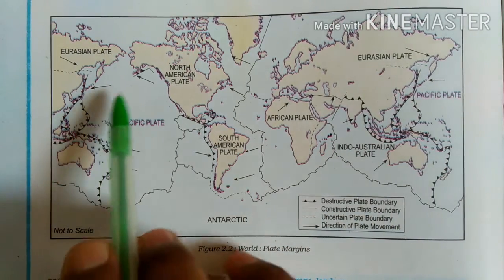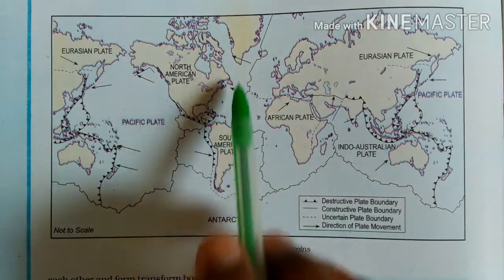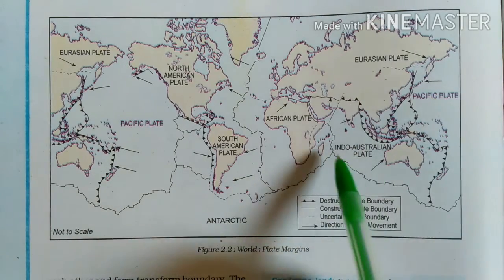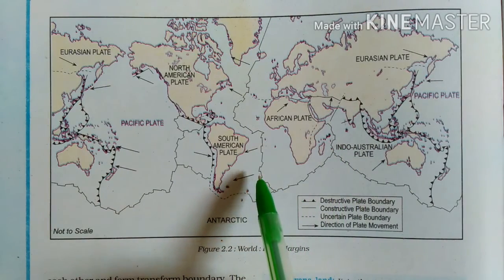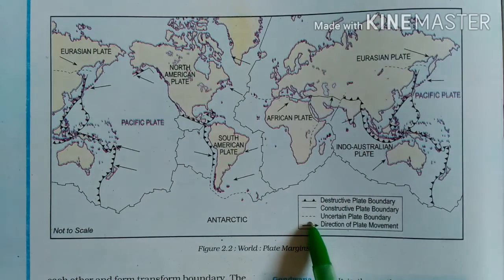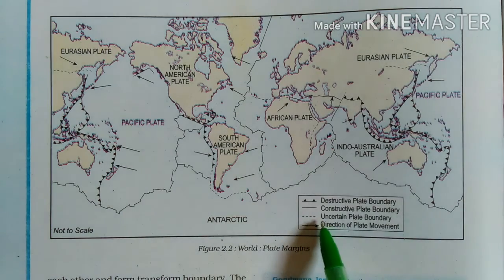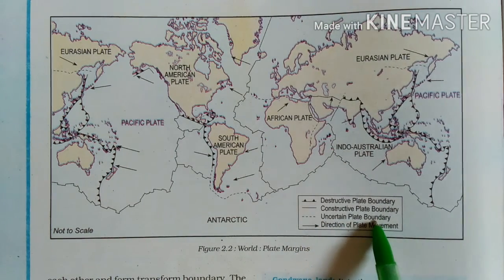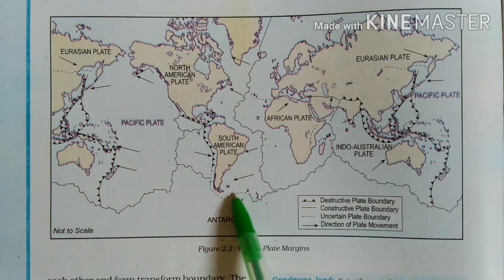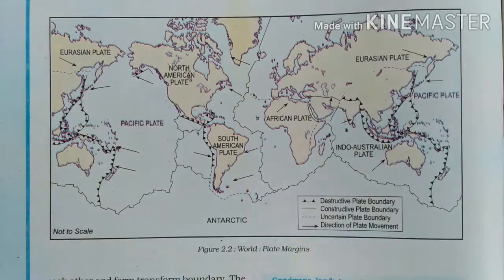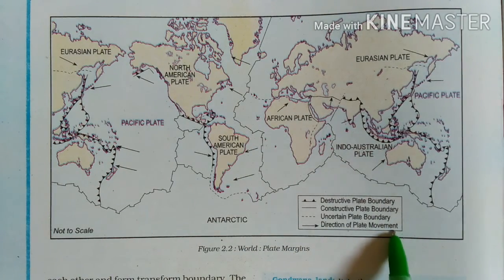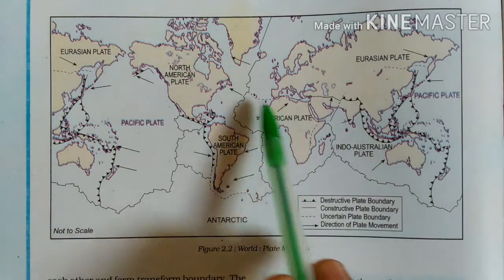Then the dashed line is the sign for an uncertain plate boundary. Then this sign shows the direction of plate movement. See here, the arrow has been shown.